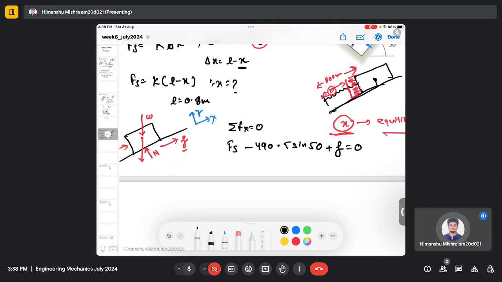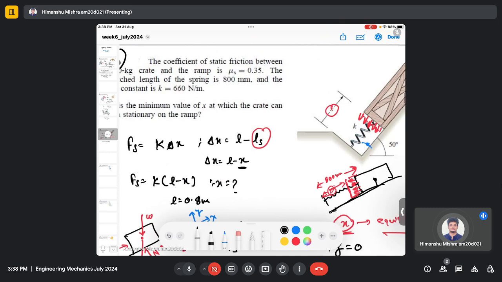We already know the spring force, so it is k times L minus x, minus 490.5 sine 50, plus F. F is mu N equals 0, and mu is already given as 0.35.